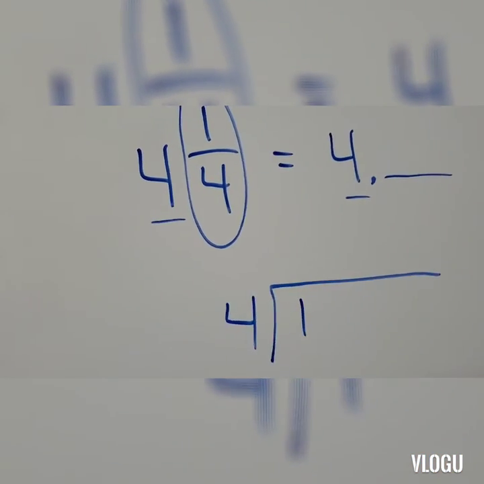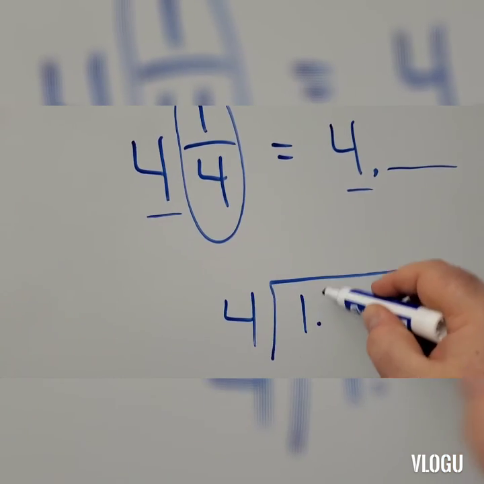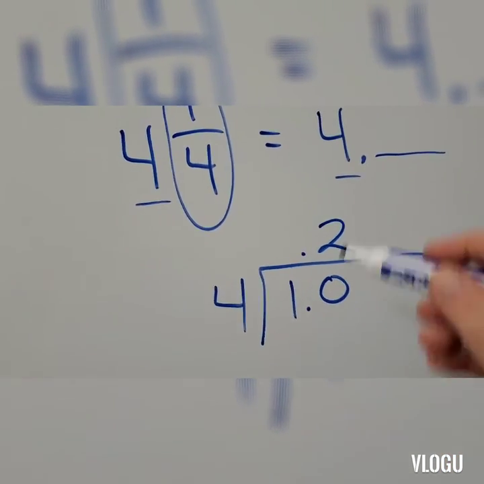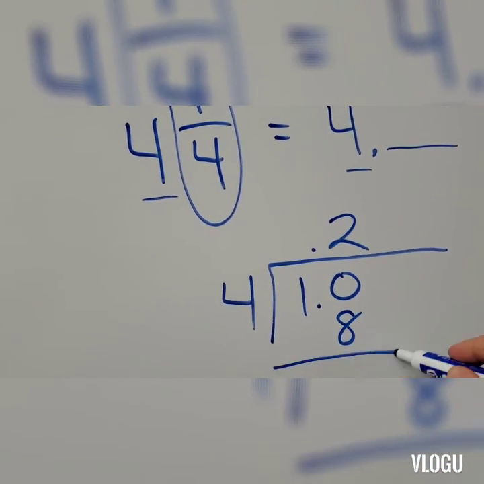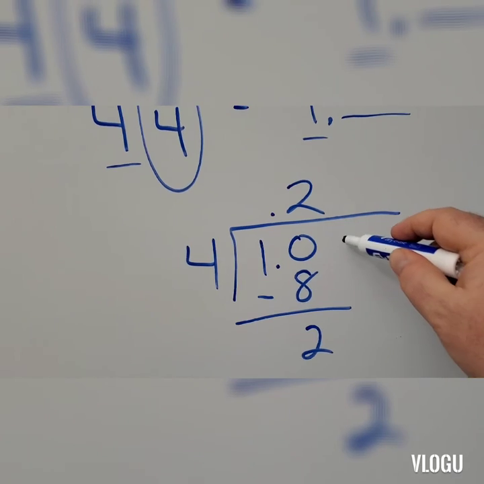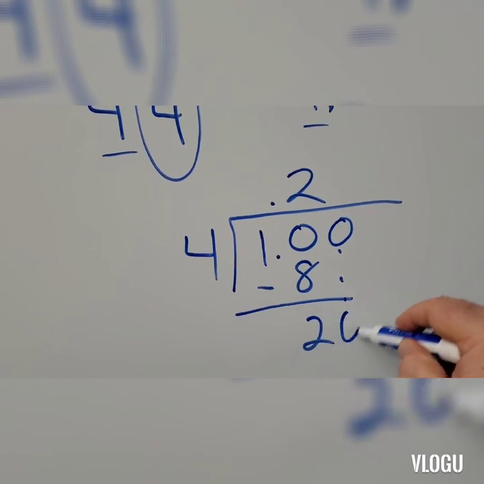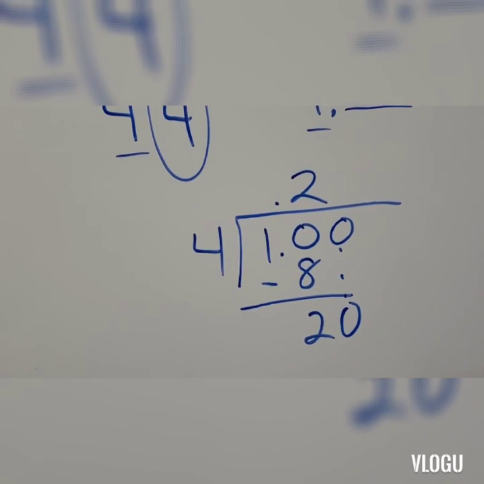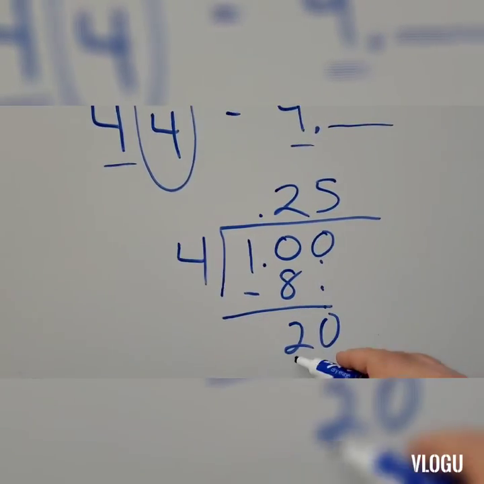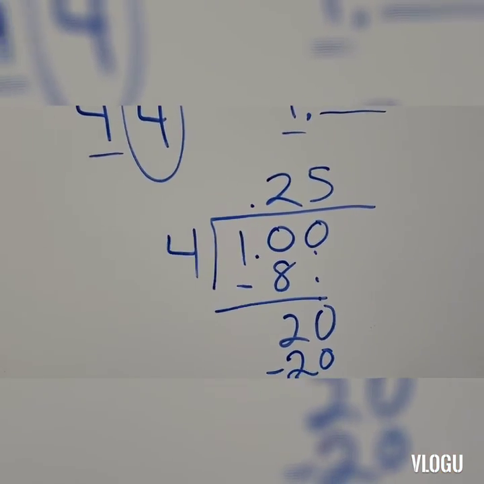Numerator, denominator, extend it. There's 8. Subtract is 2. I want to continue this. Bring it down. 4 goes into 20 5 times. 5 times 4 is 20.